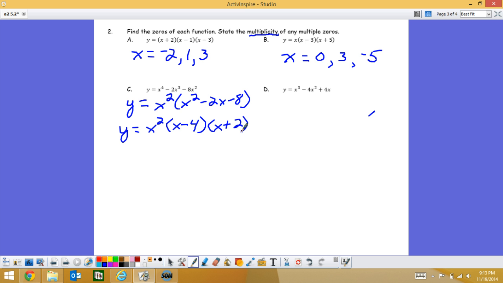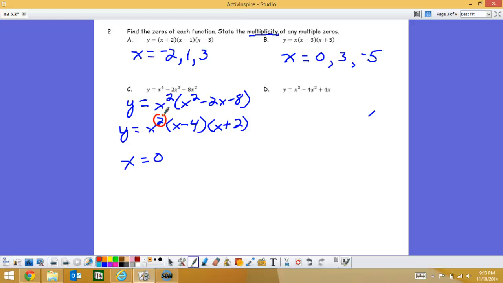So we have our zeros. We have x equals 0, but because of this x squared, that 0 occurs twice.